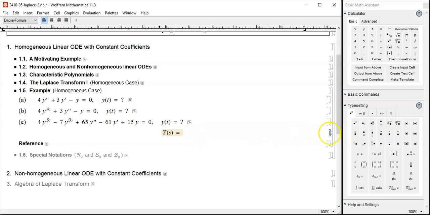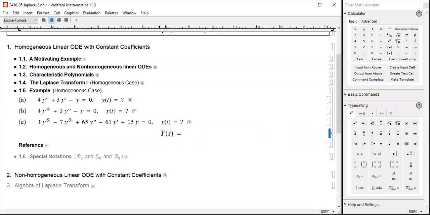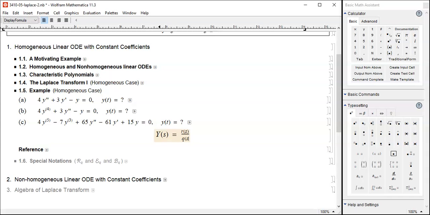How about this problem? As usual, this is R of S over Q of S. And R of S is something nobody cares about.